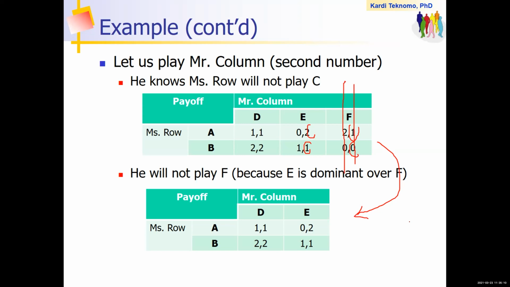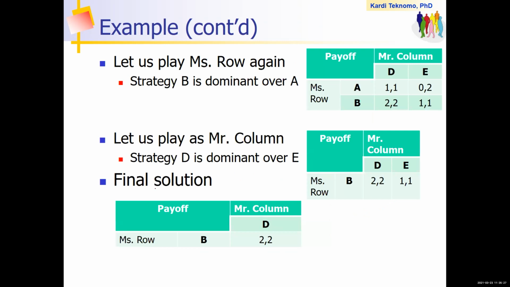Until here, you get it or not? Any question until here? So once you get this result, you do the same technique in the next step. Now you play as Miss Row again, and you check the first number, right?